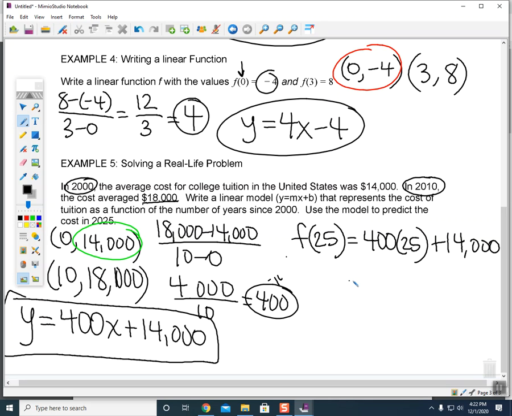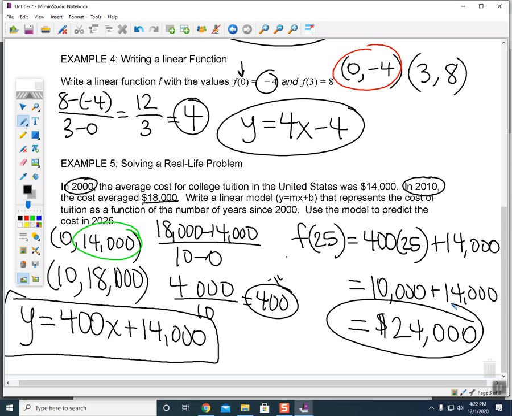So that's going to equal 400 times 25 is going to give me 10,000. So I'll have 10,000 plus 14,000, which is going to give me a total of $24,000. So according to our linear model, according to our equation, the average cost of tuition in 2025 would be $24,000.